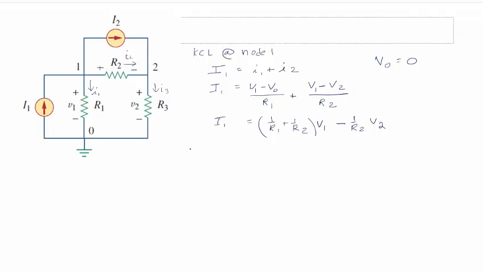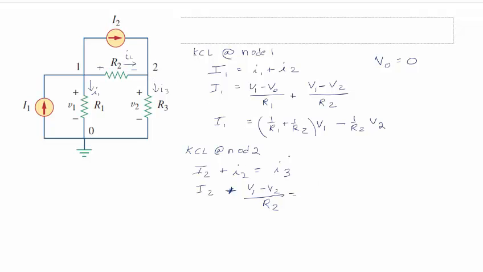So let's do KCL at node 2. I get current going in plus current going in equals current leaving the node. So I2, keeping my convention, is (V1 minus V2) over R2, which equals I3.